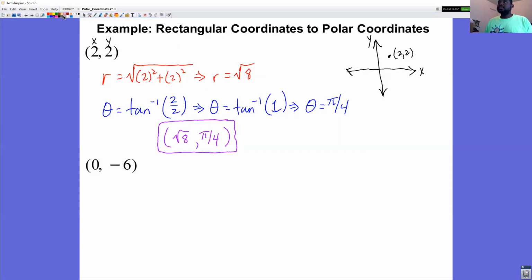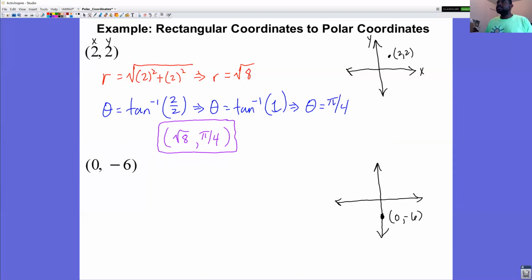It's the point (0, negative 6). So again, we're going to plot the point. So (0, negative 6) is somewhere down here. It looks like it's on the axis, so that makes this problem just a little bit easier.